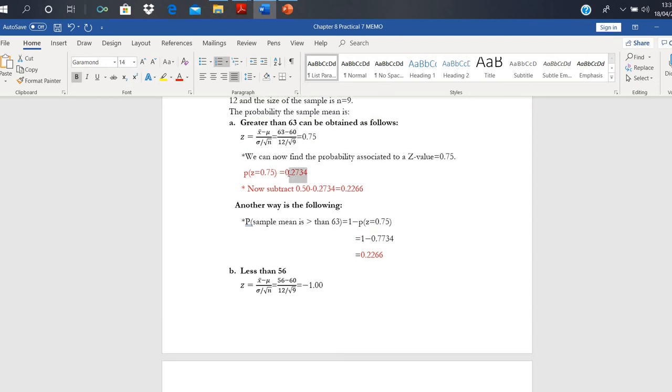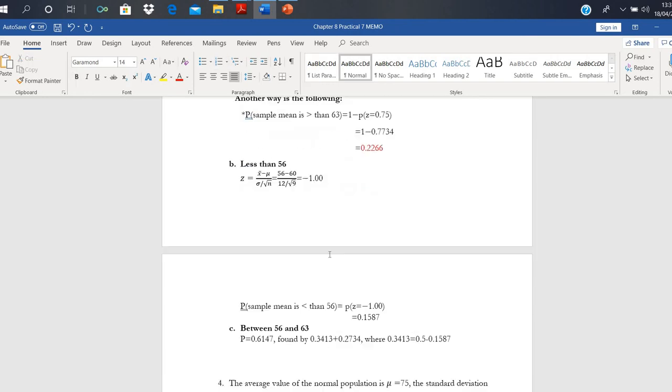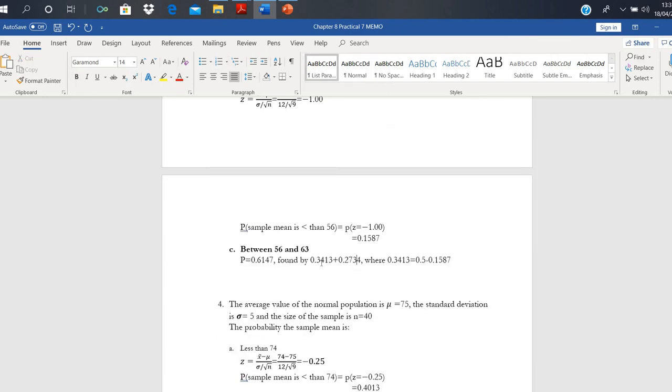So it will be 0.2734. So if you add 0.3413 and 0.2734, you will have a probability of 0.6147. Just follow this procedure here and you will have the answer.